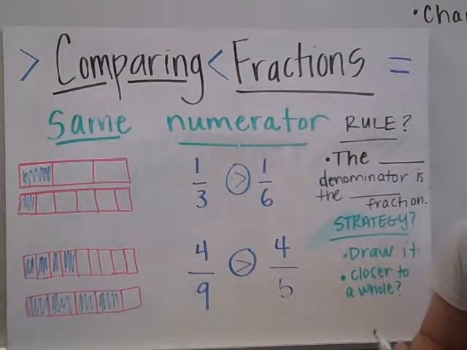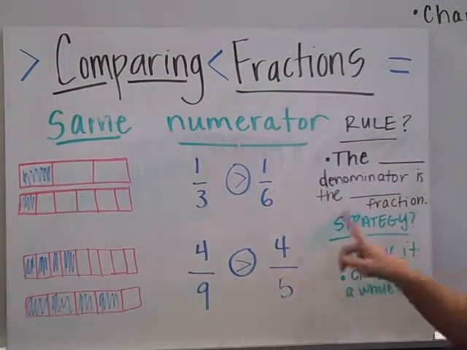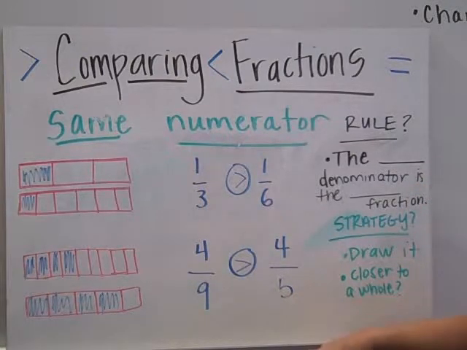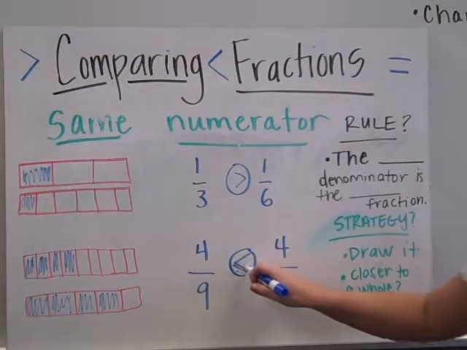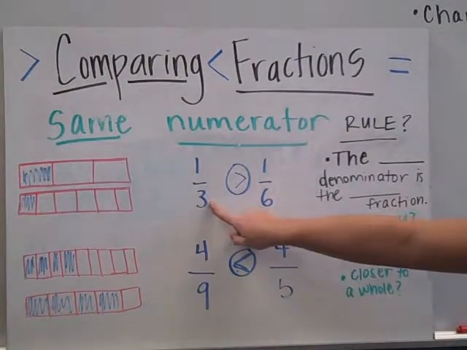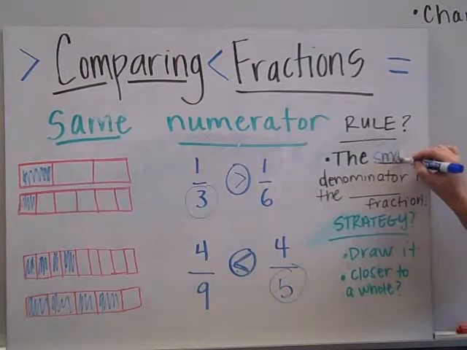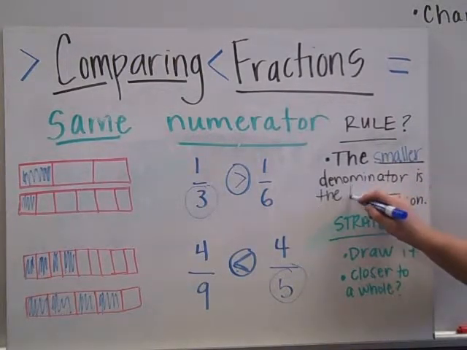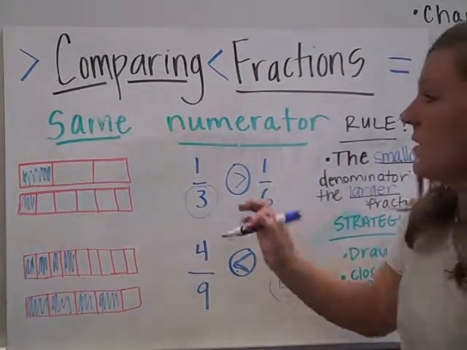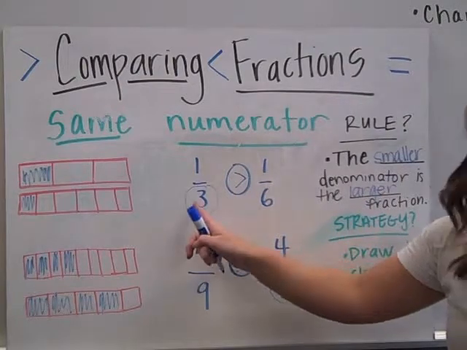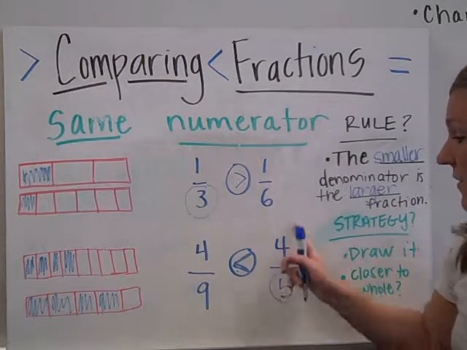So, a good rule to remember is that which denominator, smaller or larger, and it's, oh, I'm sorry, I did that backwards, didn't I? 4/5 is greater than. The smaller denominator, you'll notice, is larger, okay? And that goes against everything you've ever really thought about numbers. So this one's a little backwards. Whenever you have the same numerator, you're actually going to pick the smaller denominator to be larger of a fraction.